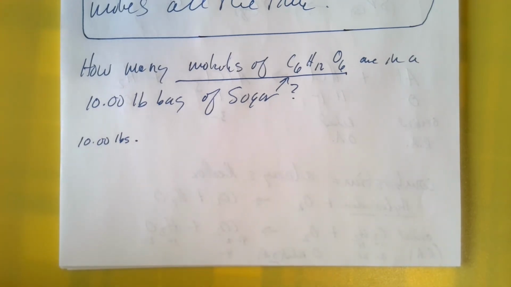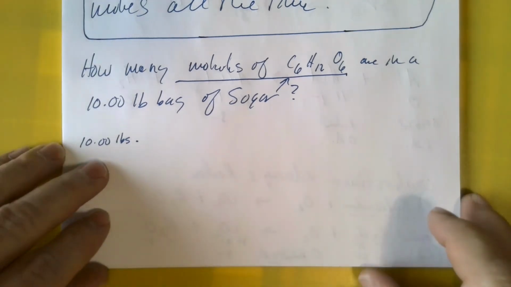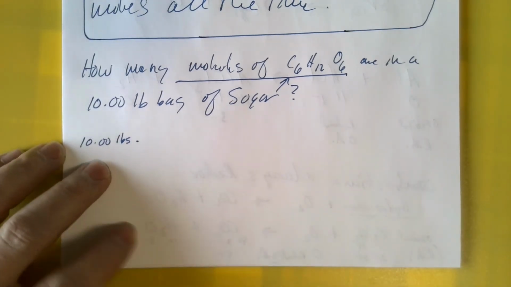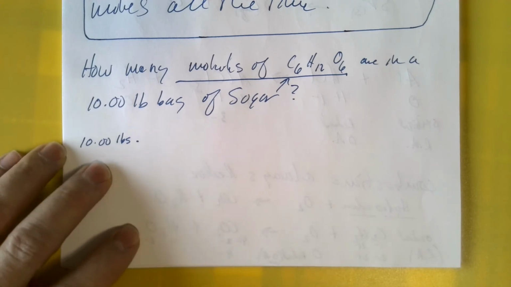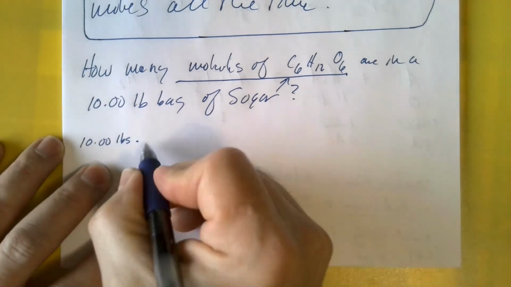Okay, 6. I need 1 more. 7. Alrighty. Okay, who was 4? Me. Who was that? Alexa? Yeah. Alrighty.